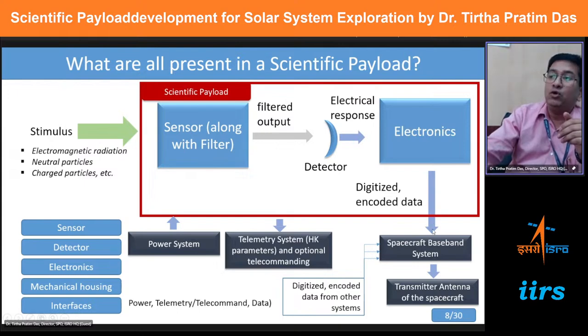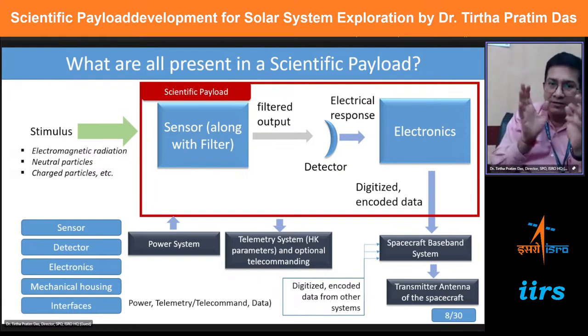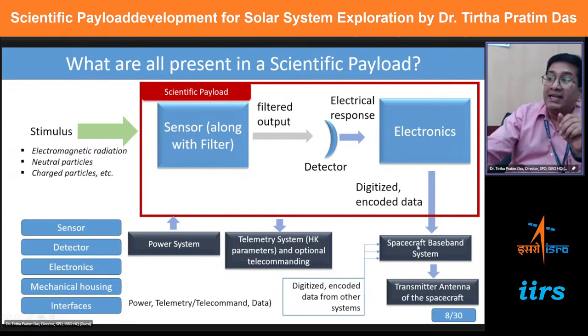And the electronics gives you the digitized or encoded data. At the end of the day, what you have to do, you have to send from the satellite. The analog signal you cannot send. So you have to digitize the signal with the format. And the digitized signal you have to send to the satellite baseband system.